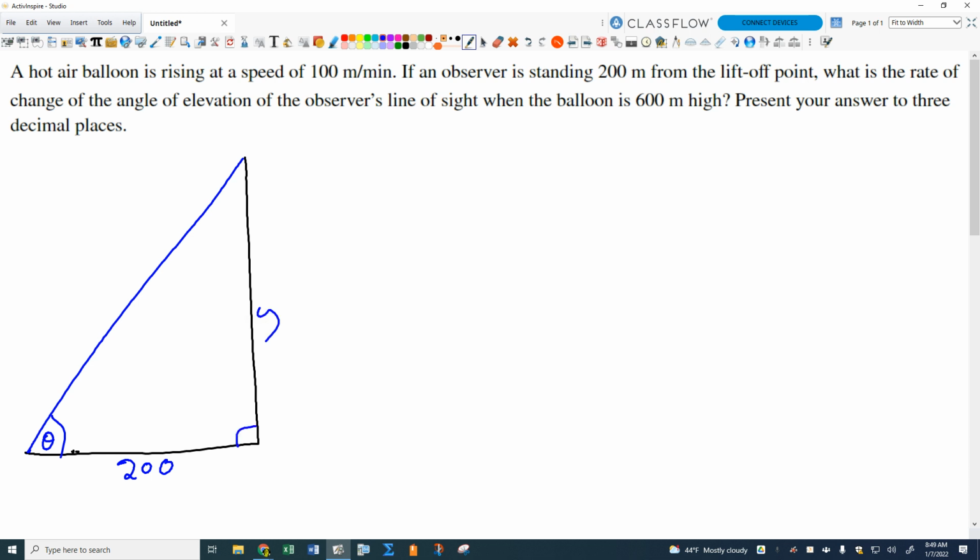And so what are our snapshot values then? y dot equals 100. There you go. Good. What else? y equals 600. And we're looking for theta dot.